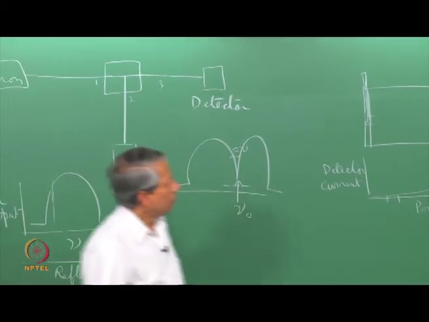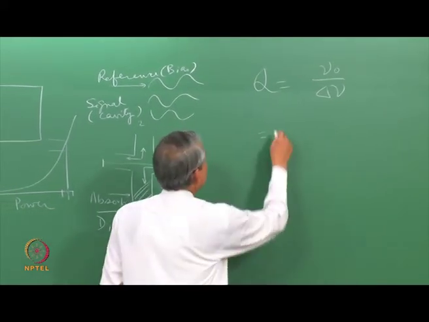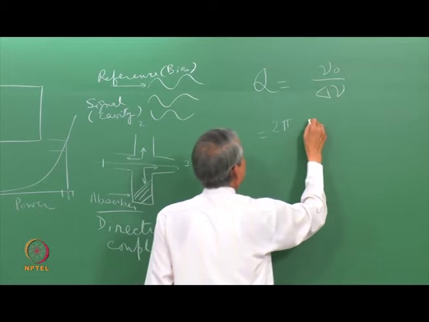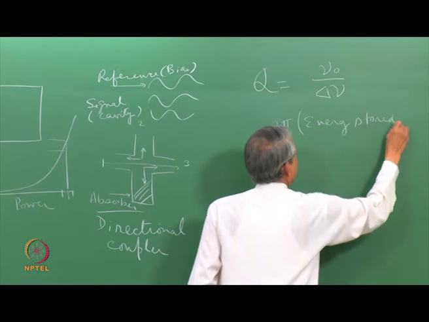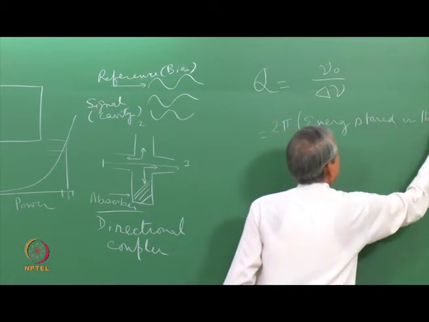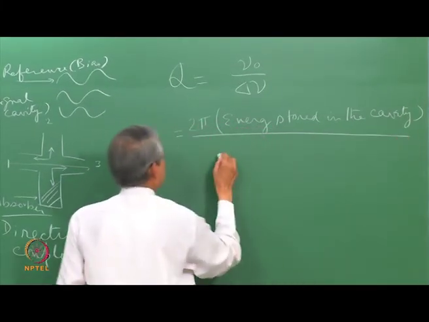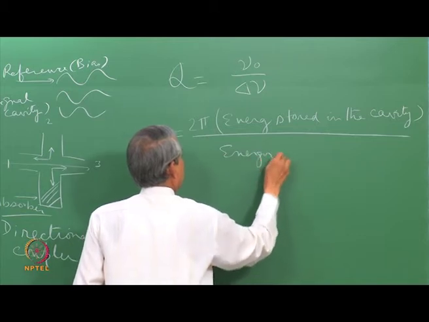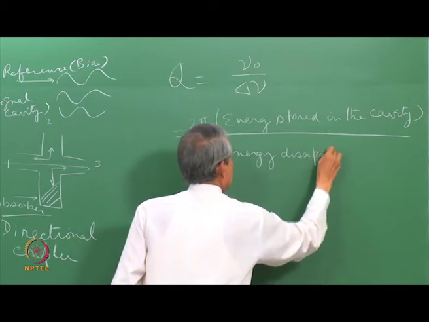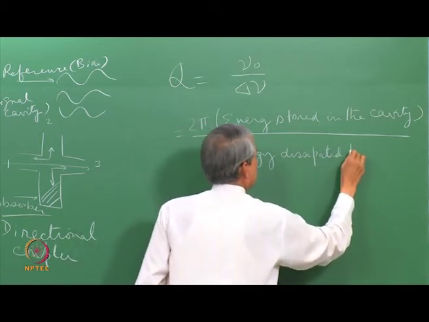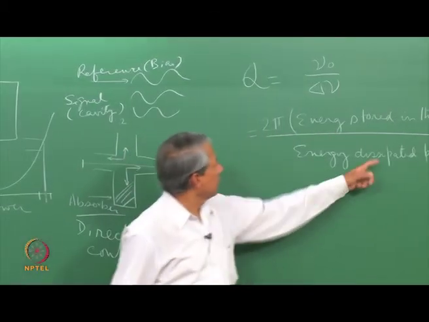So, this is the Q. This is also defined to be the same as the energy stored in the cavity divided by the energy dissipated per cycle.